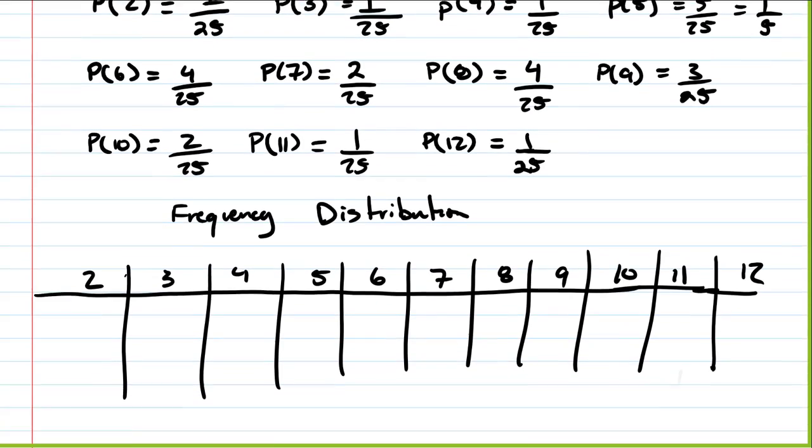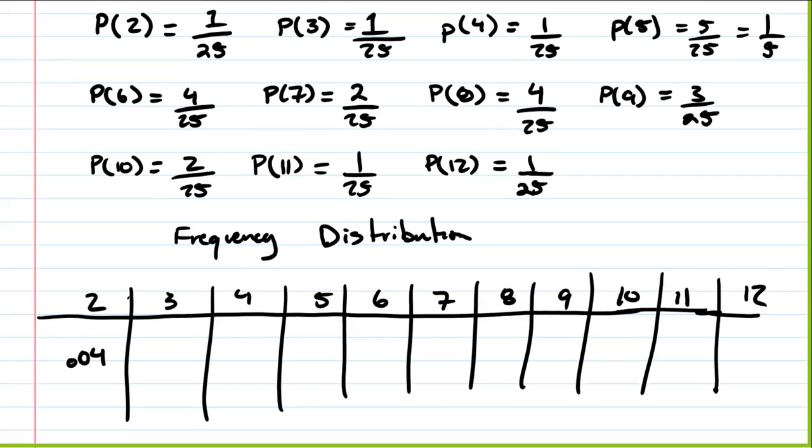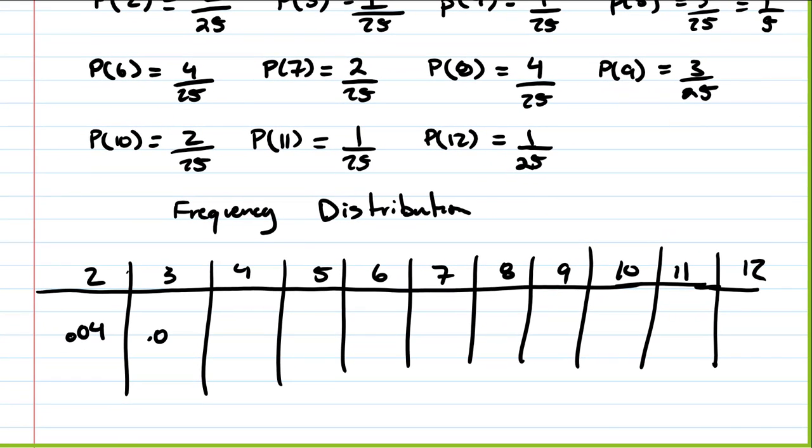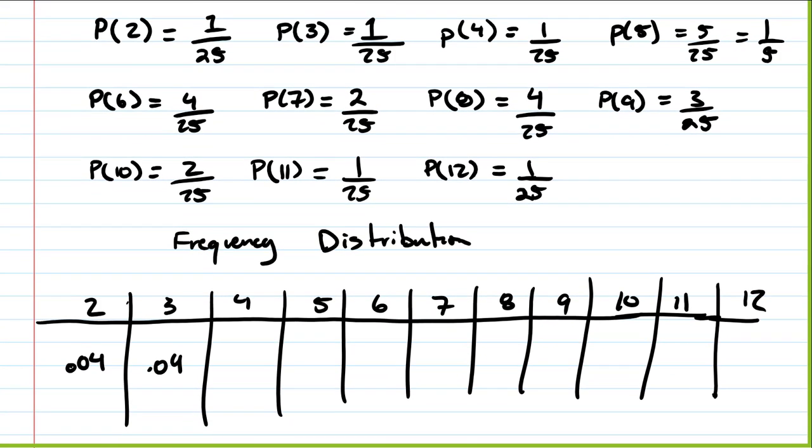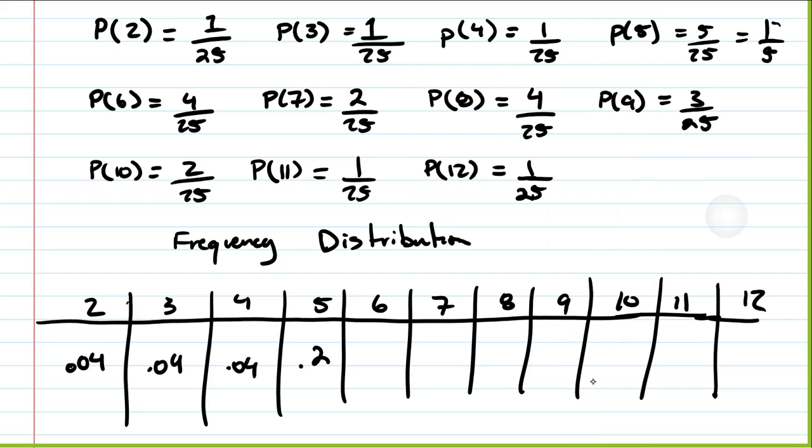So we would put in each of our decimals, so 0.04, 0.04, 0.04. For 5, 1/5 is going to be 0.2. And we have 4 over 25 is going to be 0.16.